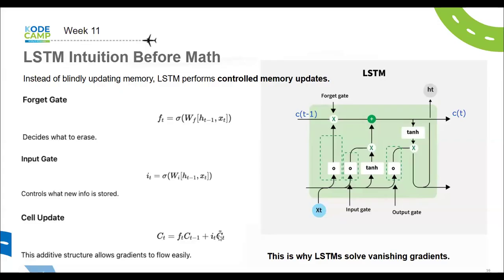And then you add IT, okay? IT, which is the input gate, applied to this CT hat. The CT hat is the new derived state, what it should look like, right?